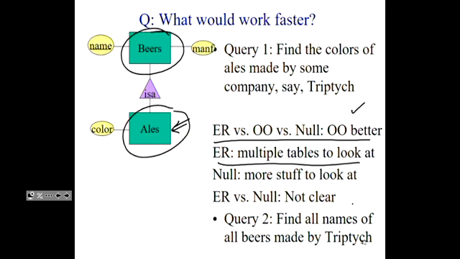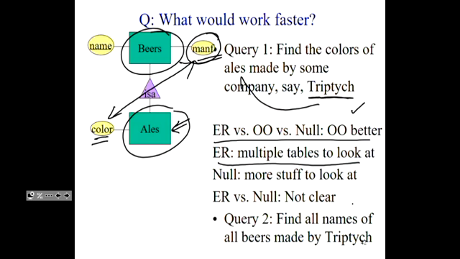And why is that? Well, the color attribute is something that you would get from the ales relation. The manufacturer information is something that you would get from the beers relation, right? So you need to figure out the manufacturer, which is triptych, and then look for the colors of ales. So you need both the manufacturer information and the color information, and therefore you need to look at two relations.